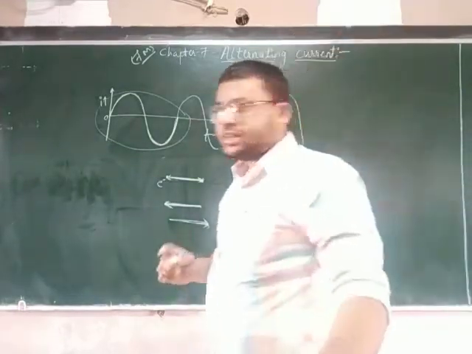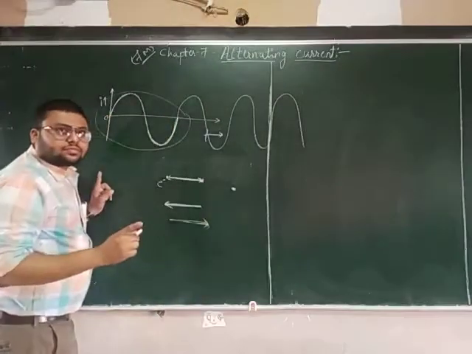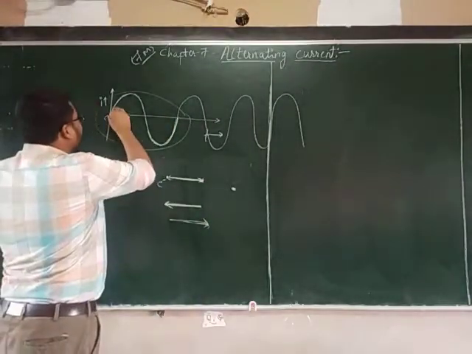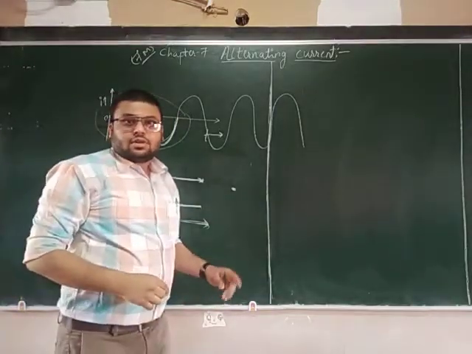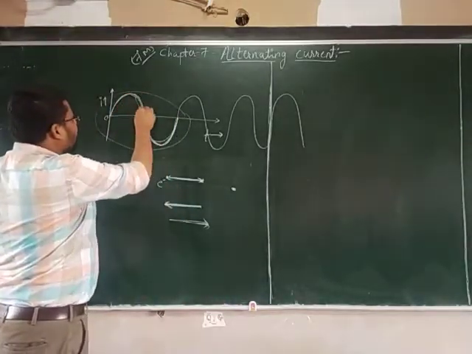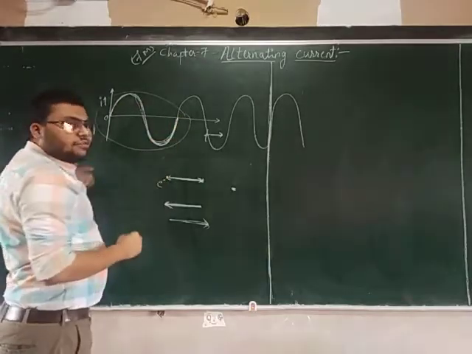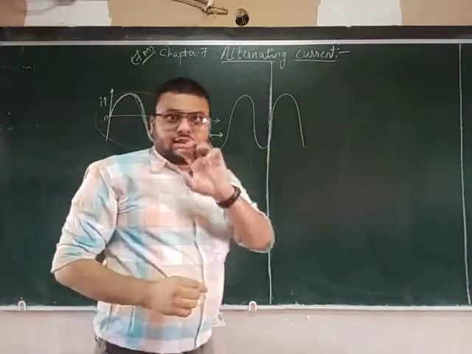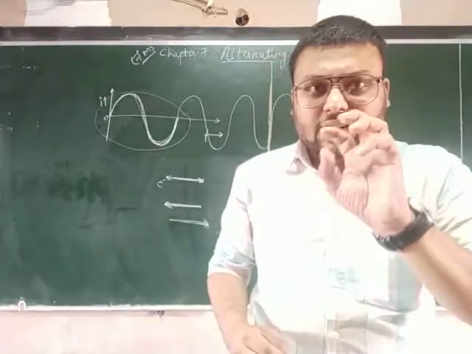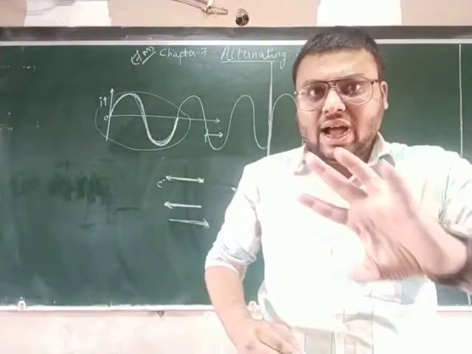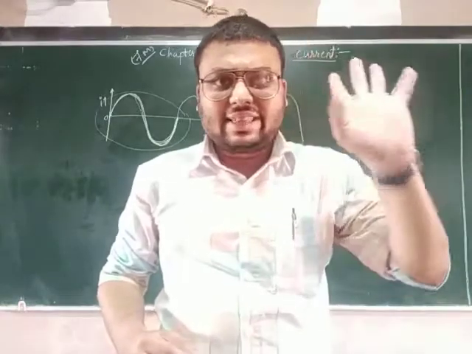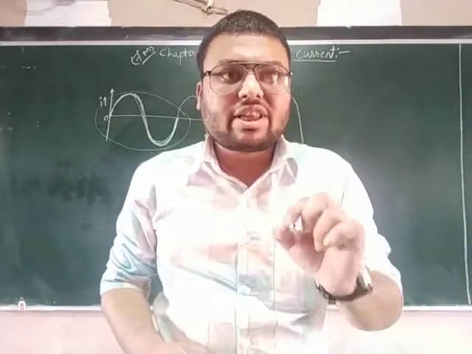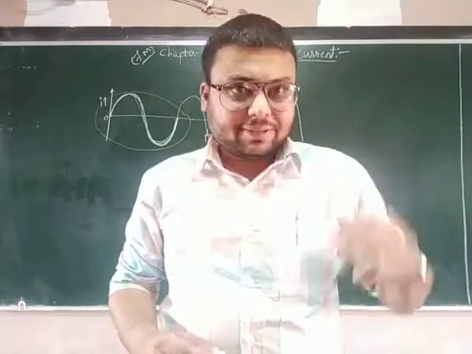Frequency of AC means in 1 second, how many such cycles are performed? This is one complete cycle, one positive and one negative. This one positive and one negative is one complete cycle. In 1 second, how many cycles are being completed? That indicates the frequency of alternating current.